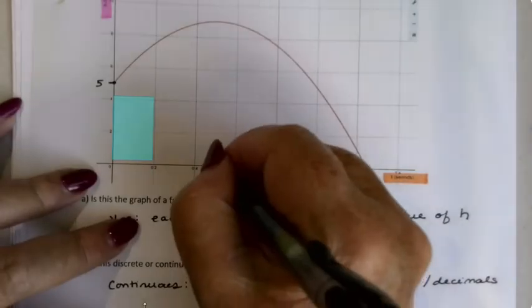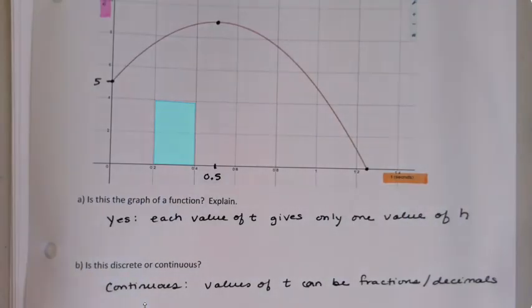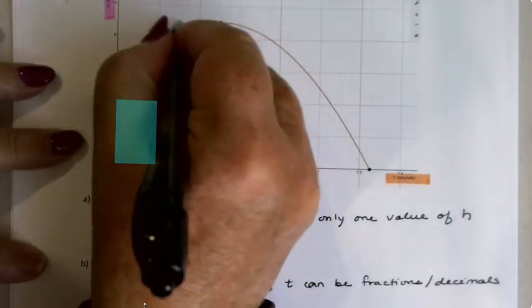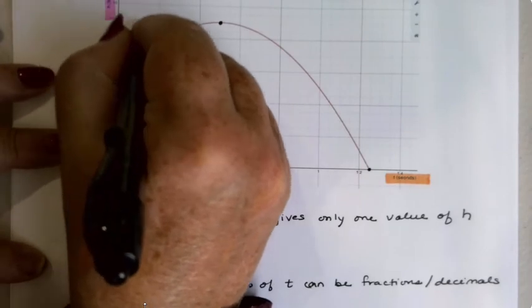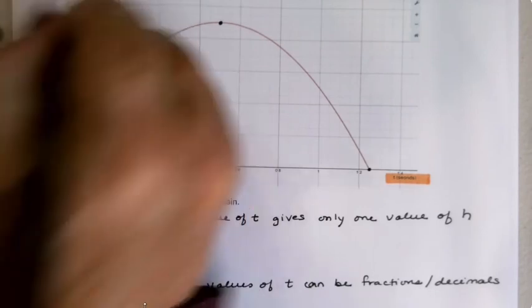And I'm looking up at the graph, and it looks like I'm all the way up here at the very highest point that this ball ever gets to. That corresponds to an h value halfway between 8 and 10, so it must be 9.